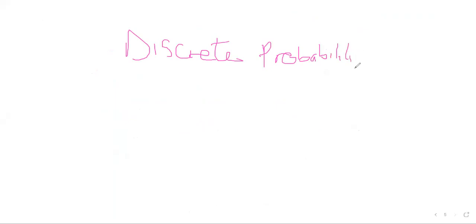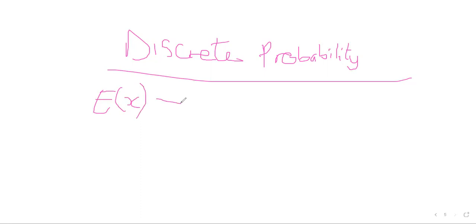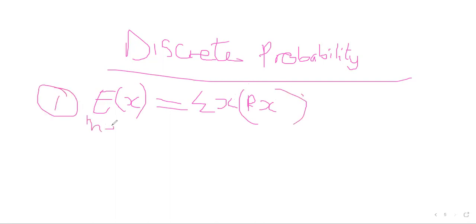The mean is actually given by the expected value of x, which is equal to the summation of x on probability of x. So this is it, the mean.